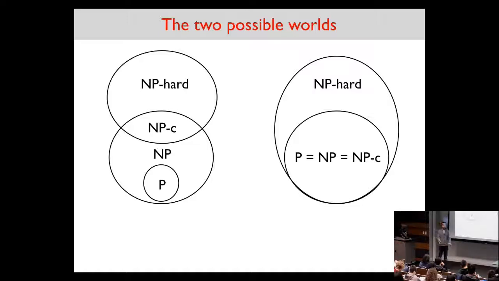Not all NP hard problems are in NP, right? If an NP hard problem is in NP, that's NP complete. On the other hand, if P is equal to NP, then P equals NP complete. And you might have other problems that are NP hard that are not part of this class.